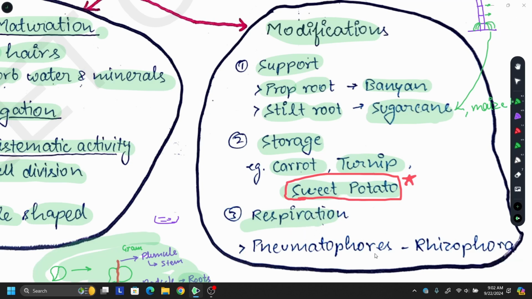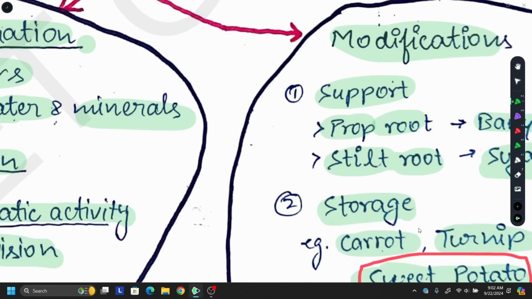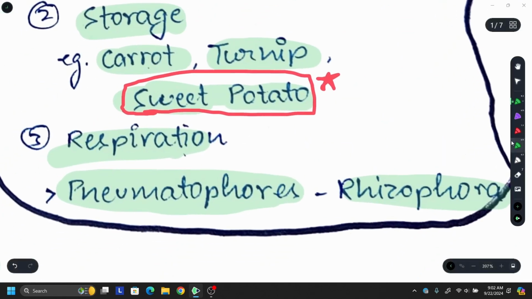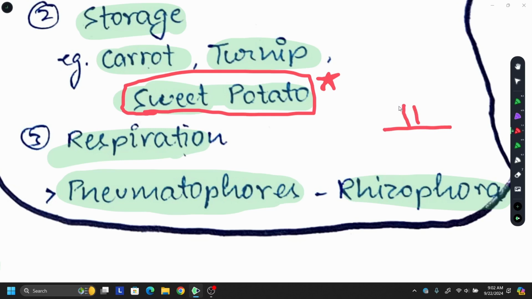And there is a special type of roots called pneumatophores. Now pneumatophores are a special type of roots found in the rhizophora plant, and they are used for respiration. If you want to understand how they are used, the rhizophora plants grow in a place which is very marshy, wet type of place. So let's say this is the tree of rhizophora.